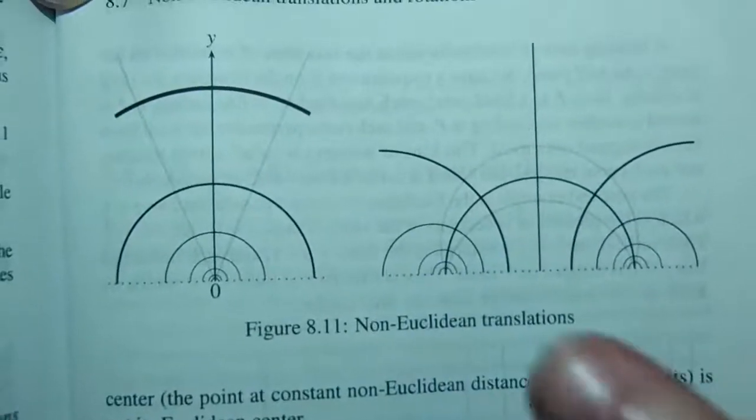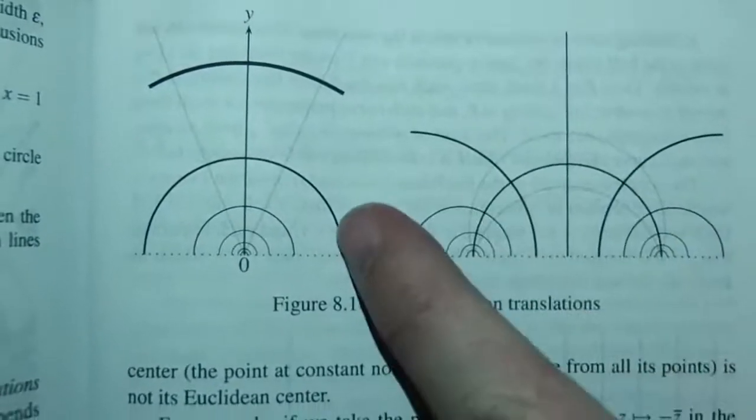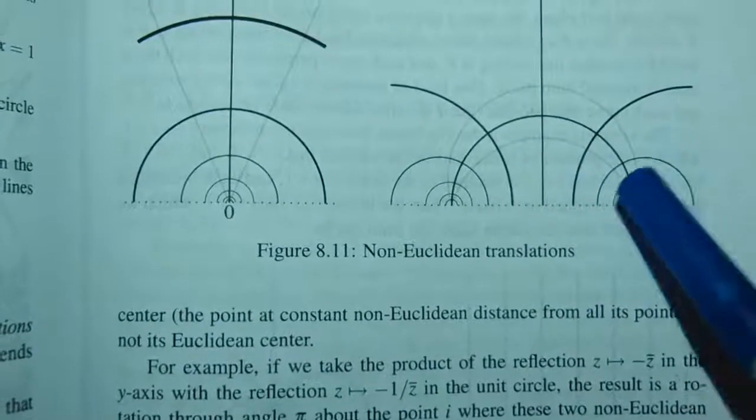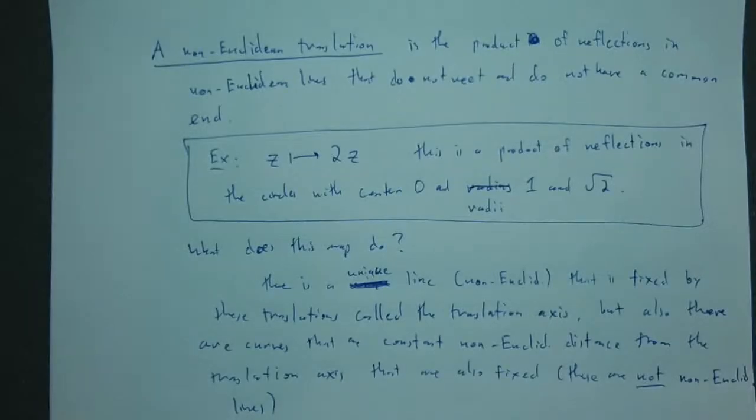So think about this moving like this. That's how this is going. So this gets sent to the vertical line, gets sent to this, and this, and this, and so on. And so these translations can look weird in the upper half plane, which is something you can kind of expect.